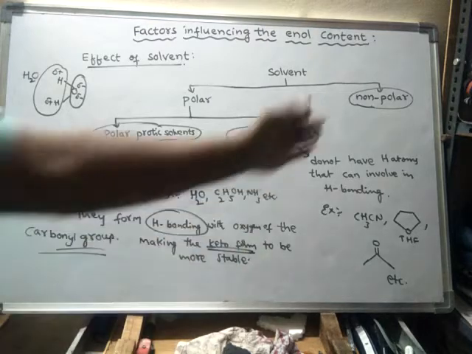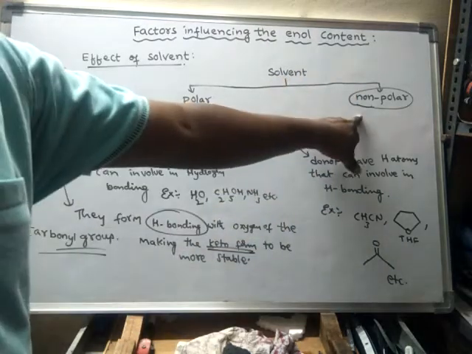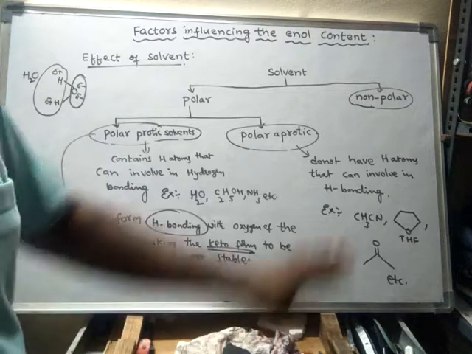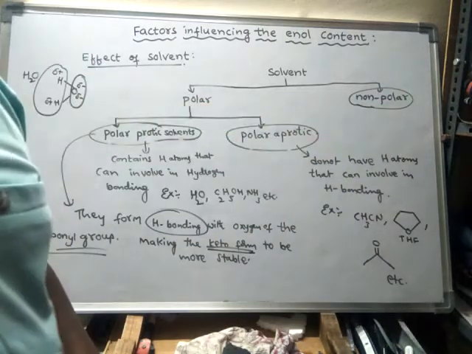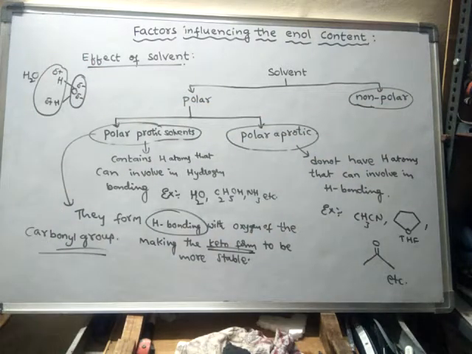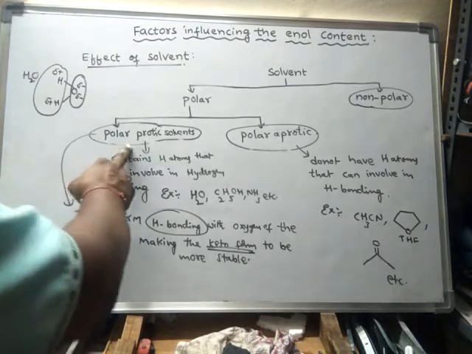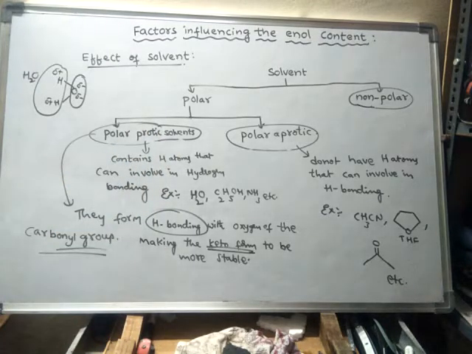Non-polar solvents do not affect the keto form, because non-polar does not favor the keto form. So like this, polar protic solvents will increase the keto content, or the ketone percentage of the compound. Right.